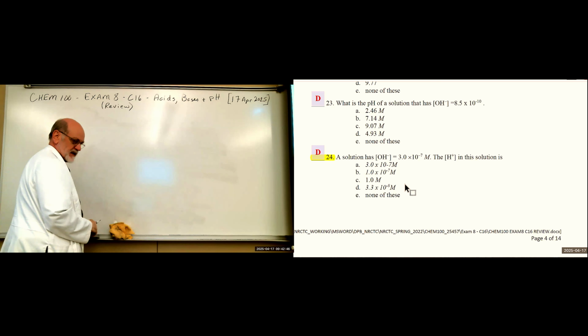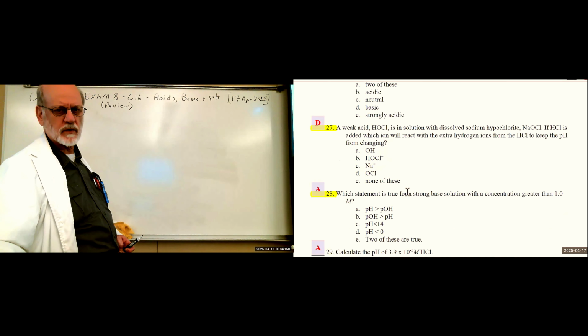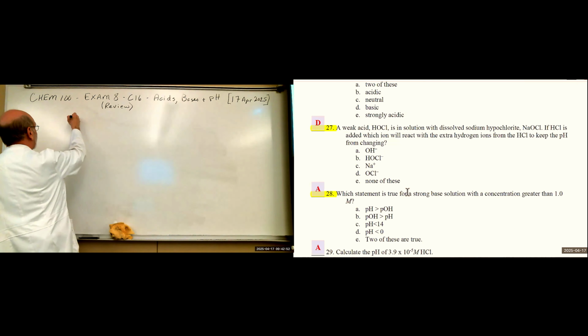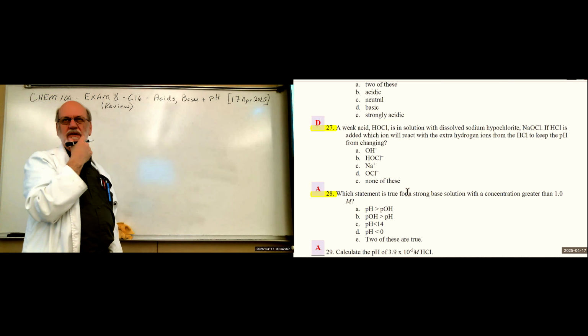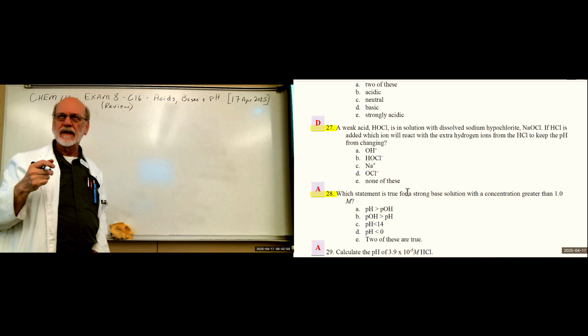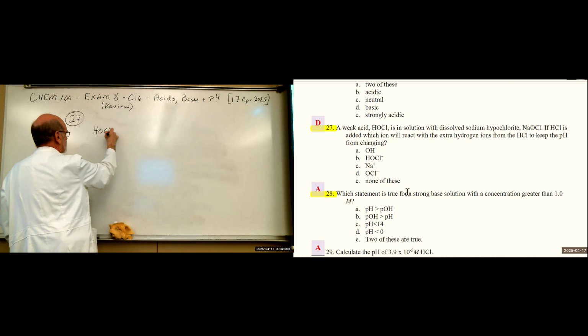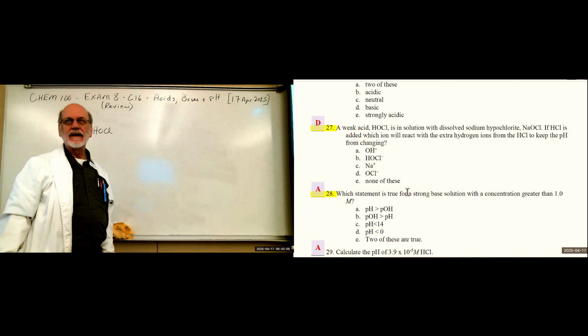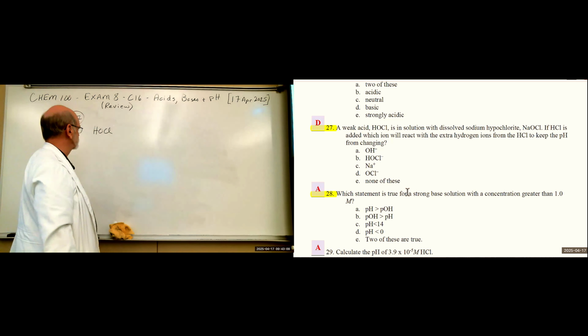All right, let's see. Who's next? Highlighted 27. A weak acid, hypochlorous acid, is in solution with dissolved sodium hypochlorite.